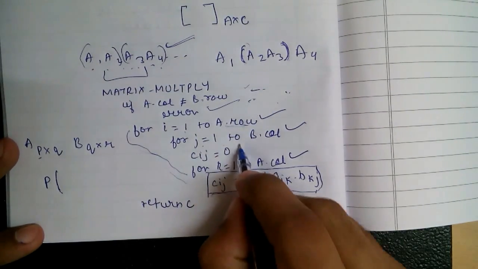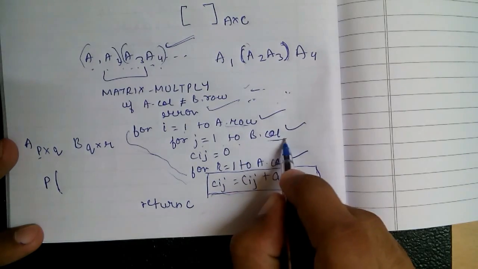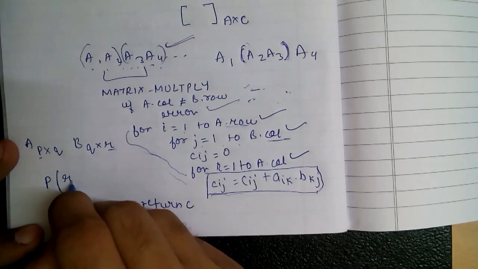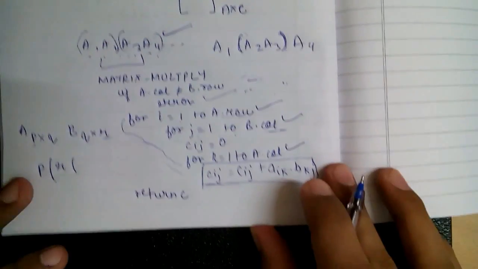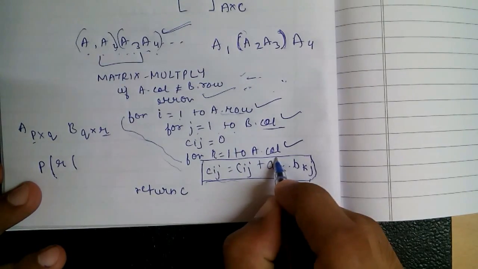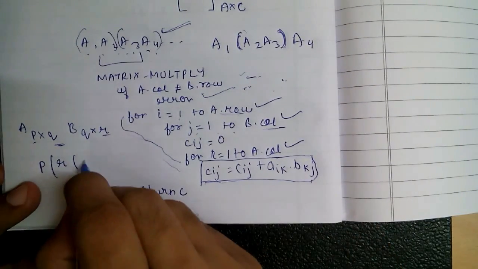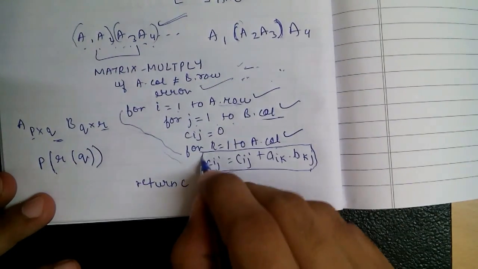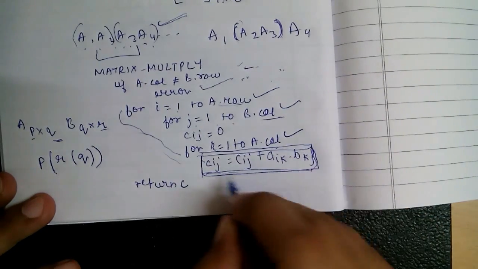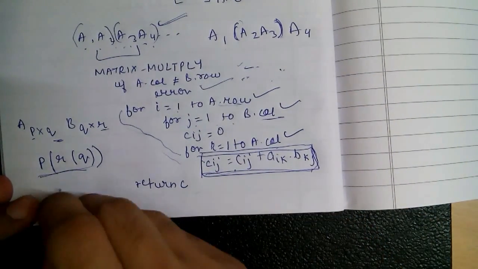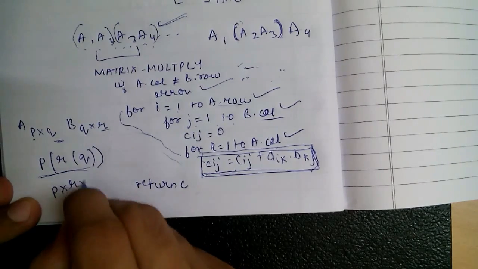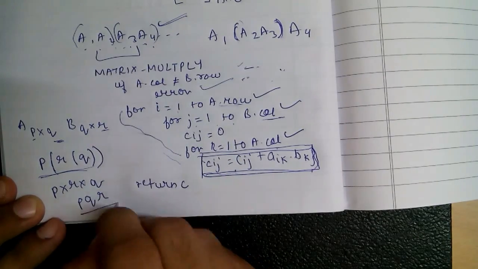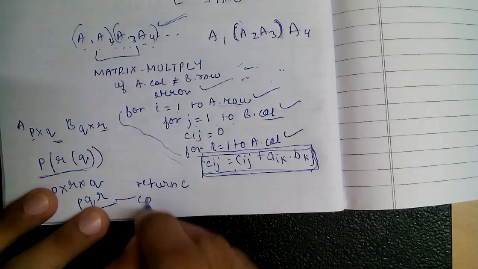The second loop runs for B columns, that is R, times whatever the inner loop is, which runs for A columns, that is Q. So this multiplication occurs P into R into Q times, or we can say PQR times. So this is the cost.